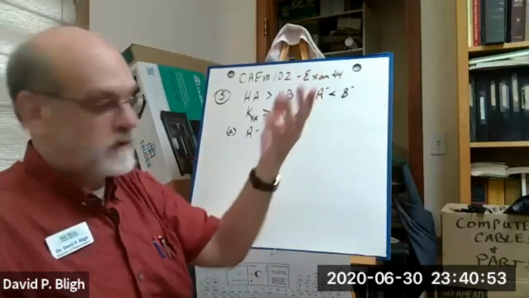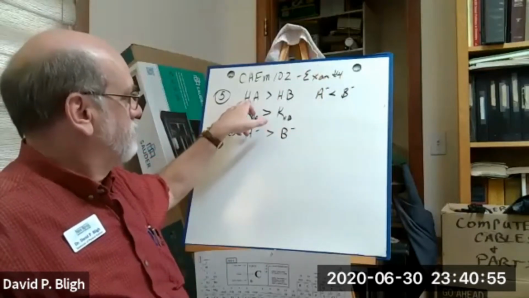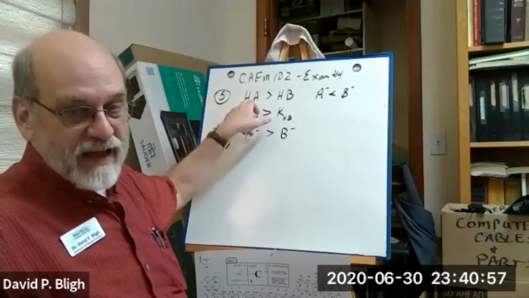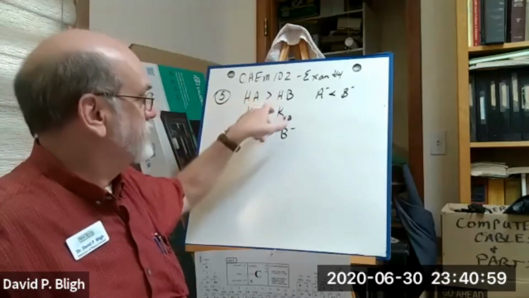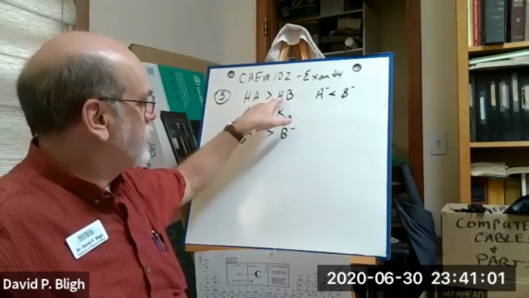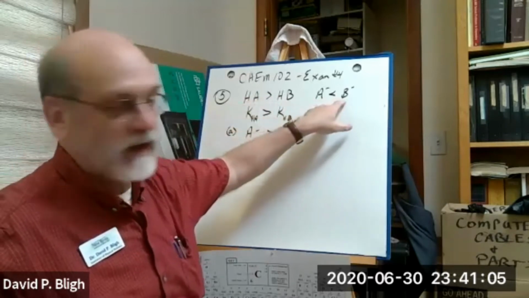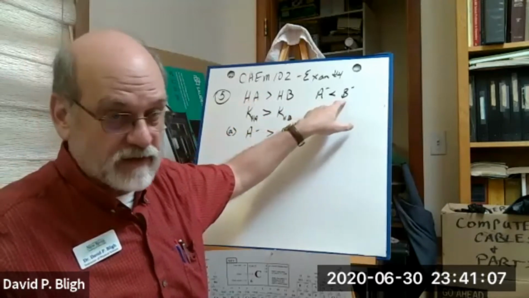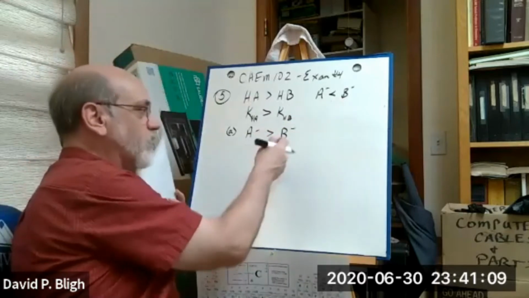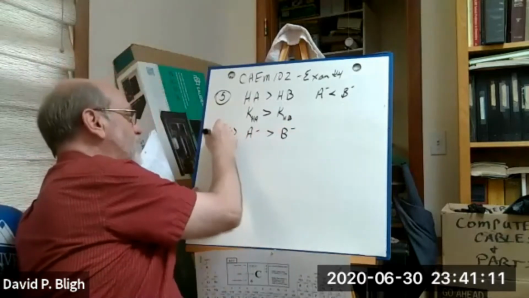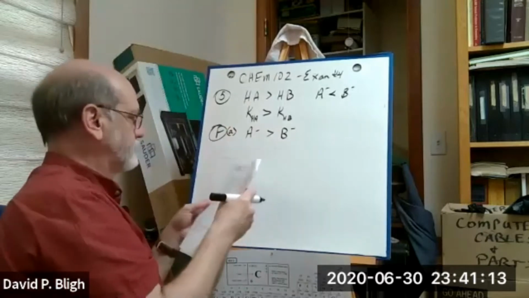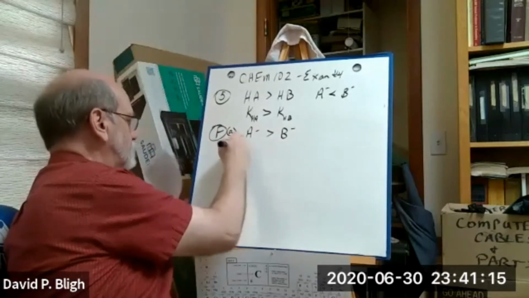They're converse, right? The weaker the acid, the stronger its conjugate base. So if this one is weaker than that one, it's stronger than that one relative to its conjugate base. Right? So we don't have to go any further with this one. That one's false. Okay.